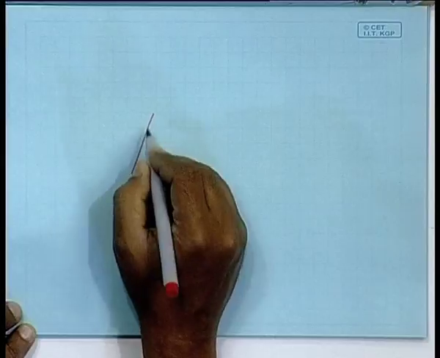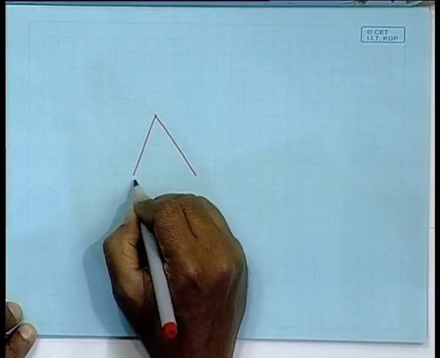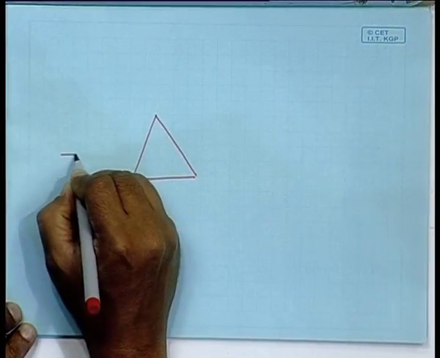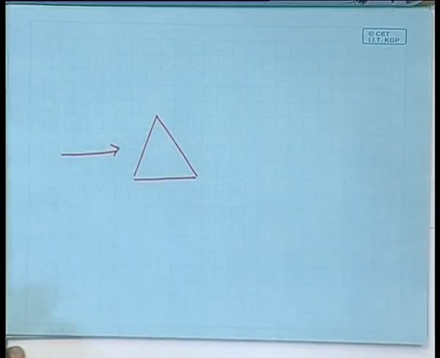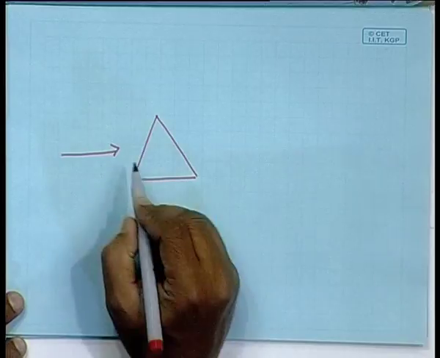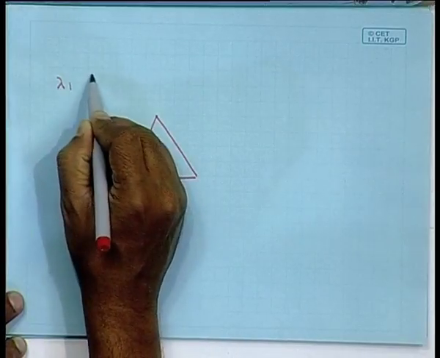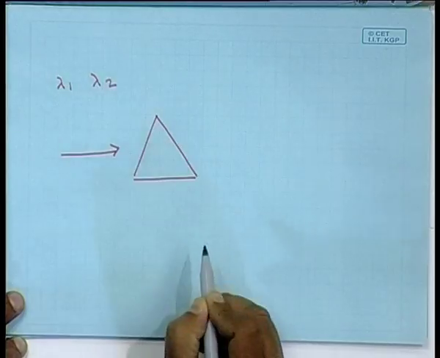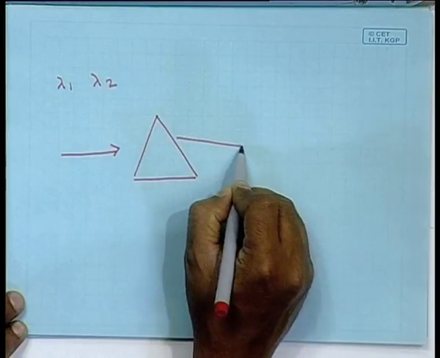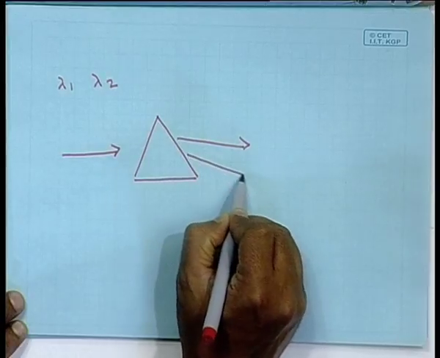So, the situation would be as follows. We know that the glass has a different refractive index for different wavelengths. So, if you send in light which has got two wavelengths in it, lambda 1 and lambda 2, the two wavelengths would come out at different angles.